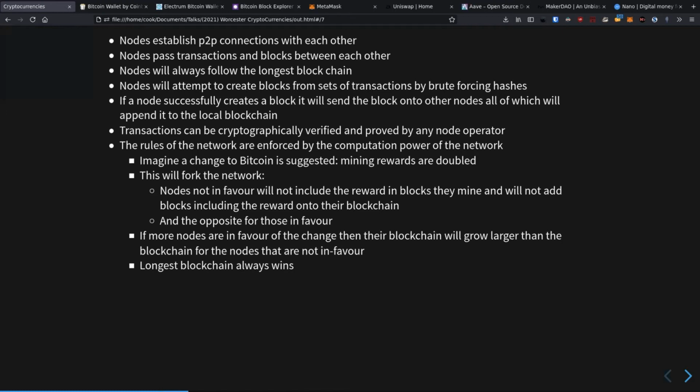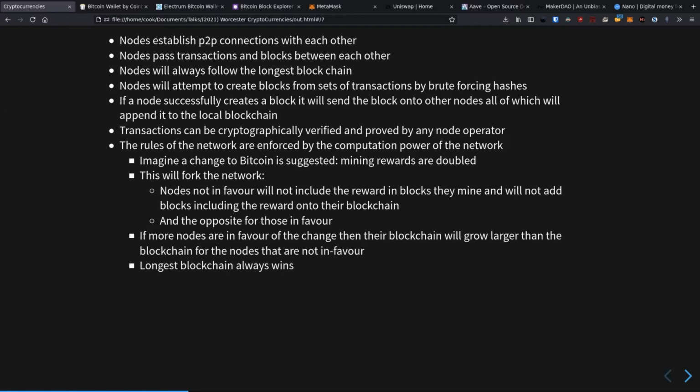So nodes on the blockchain establish peer-to-peer connections with each other, sort of like a torrent, and they pass transactions and blocks between each other. The way that a node will always know which blockchain to use, because another node could send to it a new blockchain and say this is the real blockchain, is that the legitimate blockchain is the longest blockchain you can find.